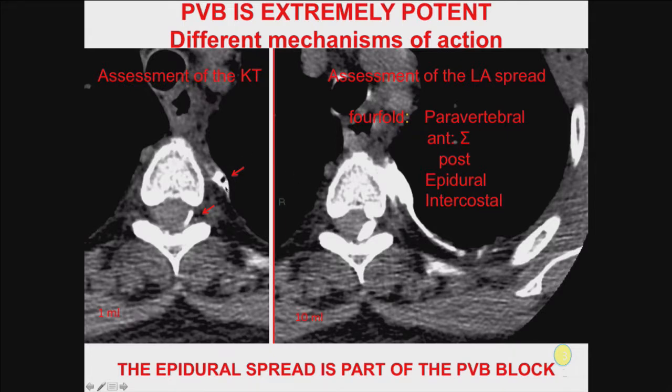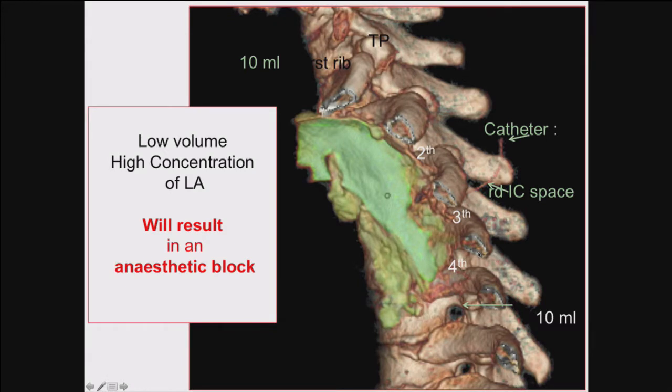Even with a minimal local anesthetic amount, it is 1 ml here, 10 ml there, you can have an epidural spread and always local anesthetic facing the sympathetic chain, facing the paravertebral area and the intercostal area. So it's possible to have excellent results in the postoperative period with a low volume of high concentration, and this will give you an anesthetic block.